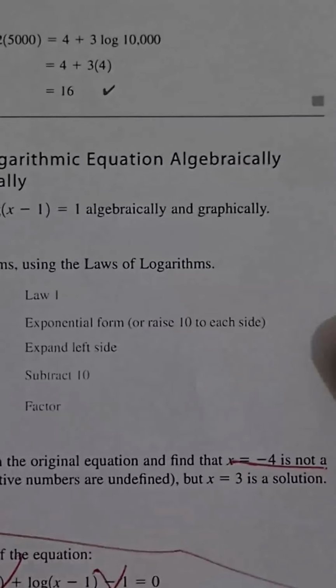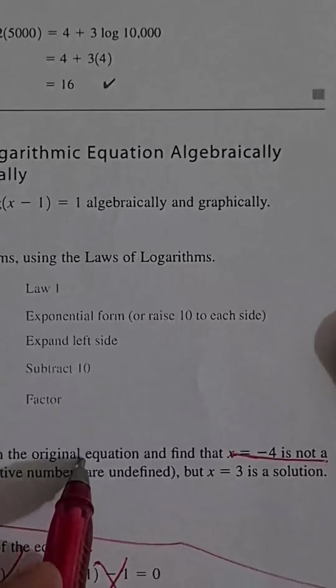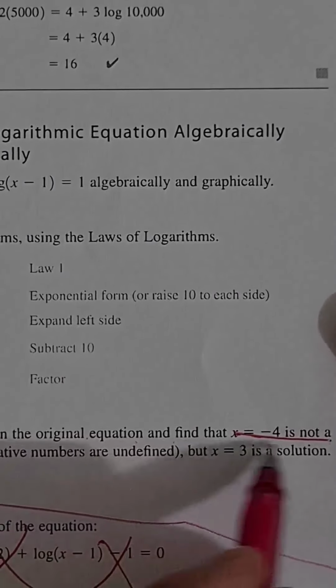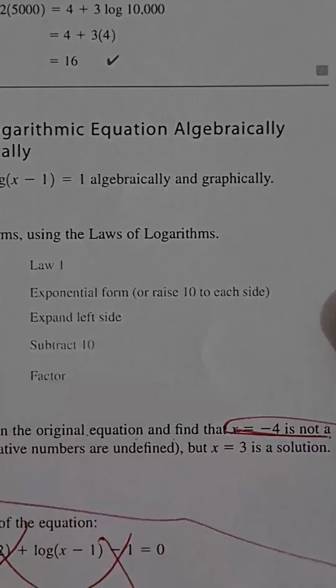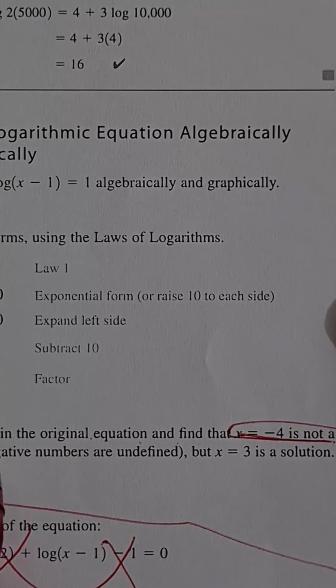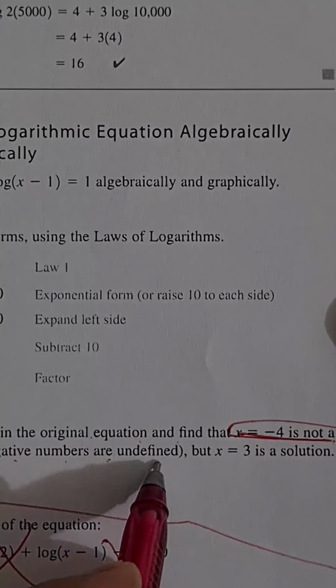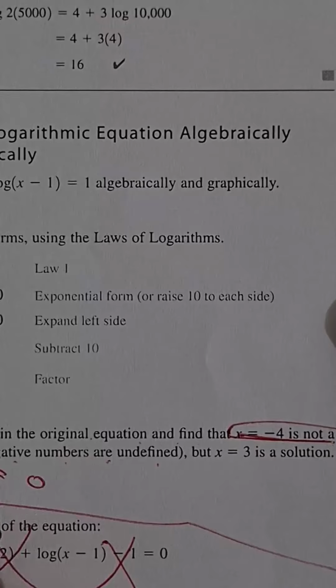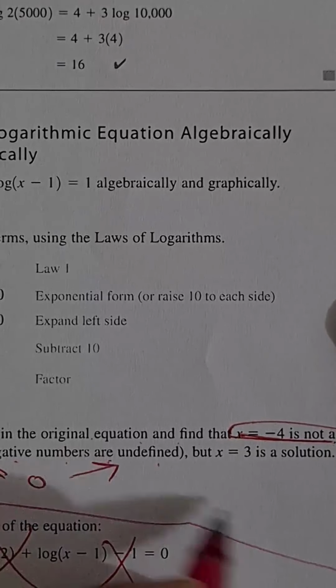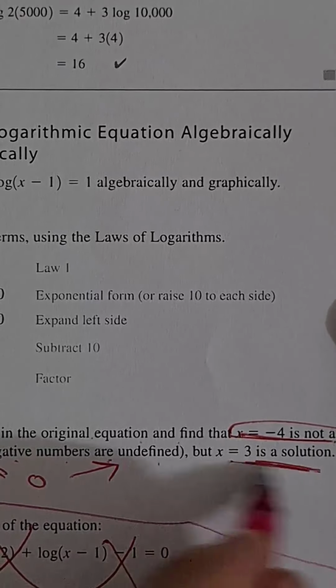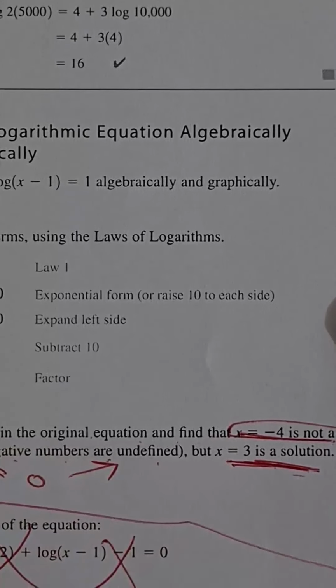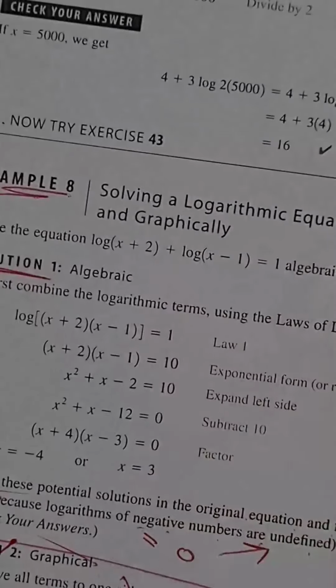I see you have a note. Listen and read. We check the original equation and find that x equal to minus 4 is not a solution because the logarithm of a negative number is undefined, and 0 is also undefined. But x equal to 3 is a solution, so check your answer. That's all in this chapter.